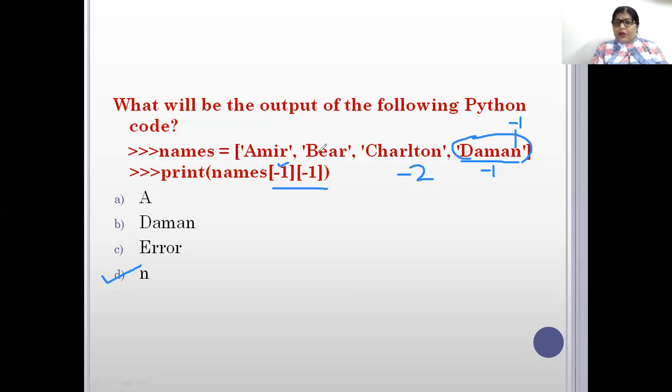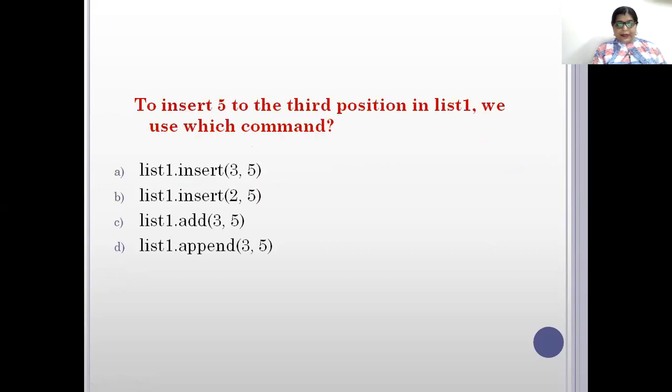We do not care about these words, whatever is in front. We just move to this word and this indexing is -1. So the answer here is D. It means that is N.